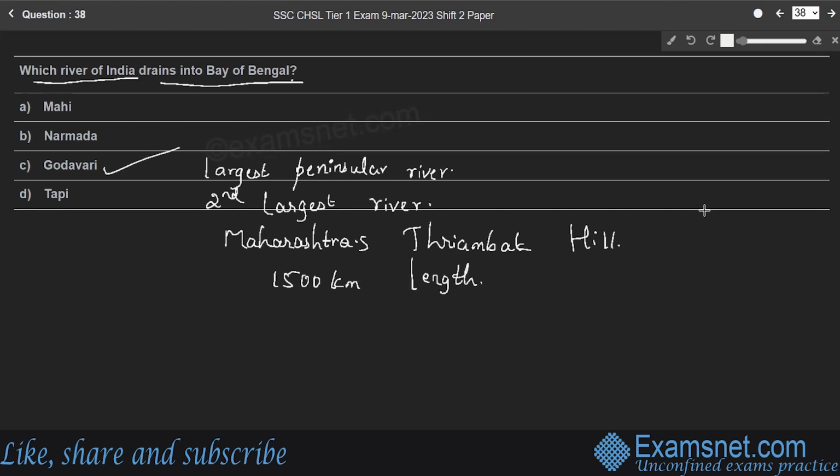Due to its length and the area it covers, it is also known as Dakshin Ganga. It flows through the states of Maharashtra, Chhattisgarh, Telangana, and Andhra Pradesh. So option C, Godavari, is the river of India that drains into Bay of Bengal.